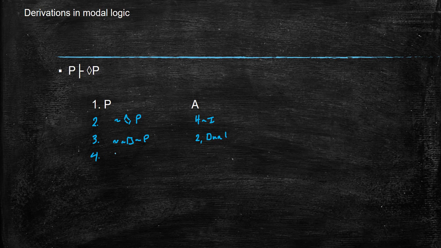And then by double negation, we have necessarily not P, and that's by 3 and double negation, from which the T rule allows us to derive not P. So that's 4 and T, and then you see we have a contradiction, and you can see how we finish that up.